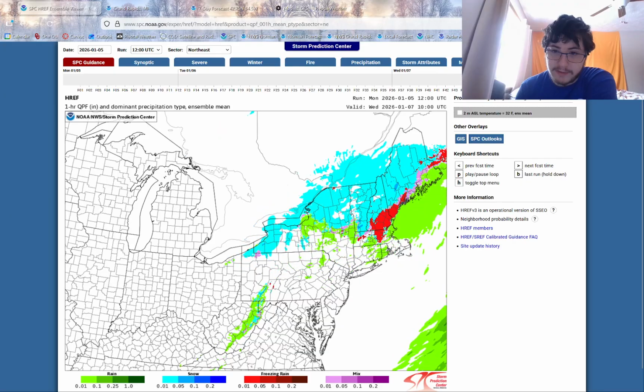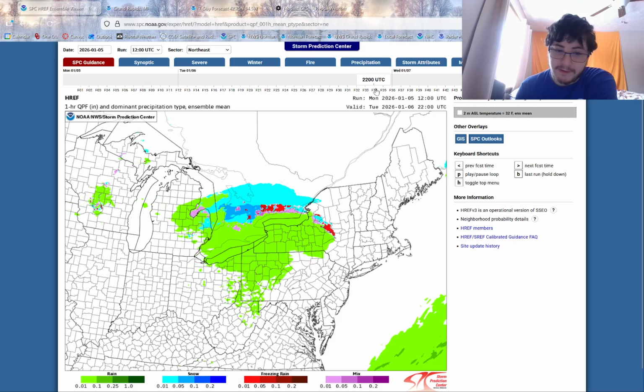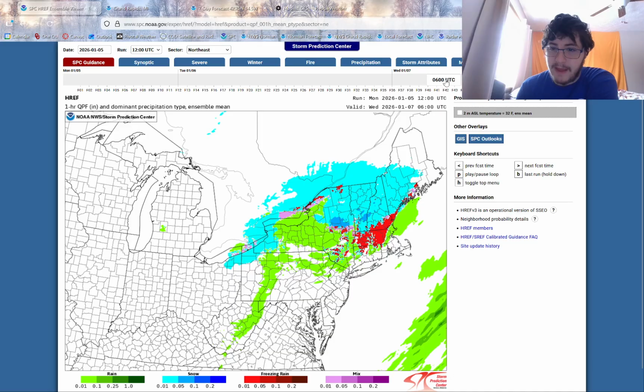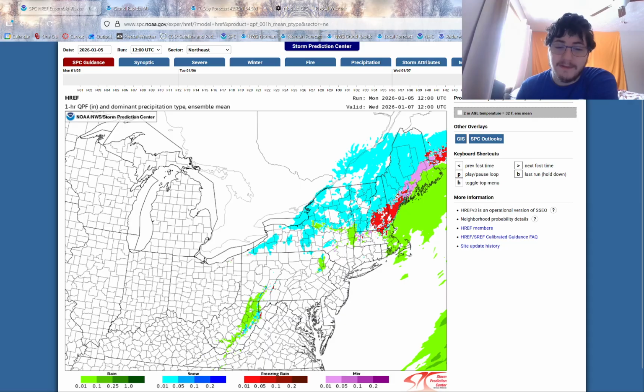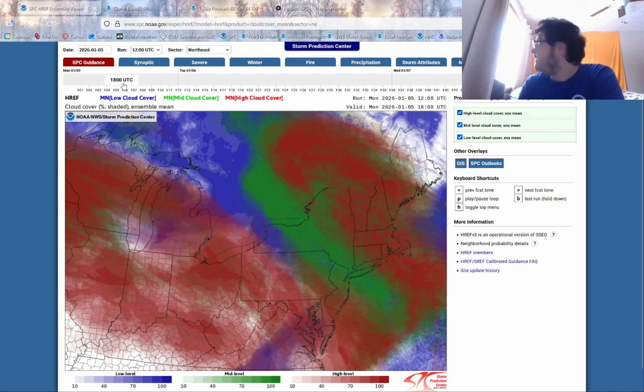Again, maybe some lingering showers overnight, but the majority of the precipitation should be moving out by evening. And then as we head through Tuesday night into Wednesday morning, man, my brain is all kinds of scattered today. Let's unscatter my brain a little bit, or try to, by looking at cloud cover, our favorite.